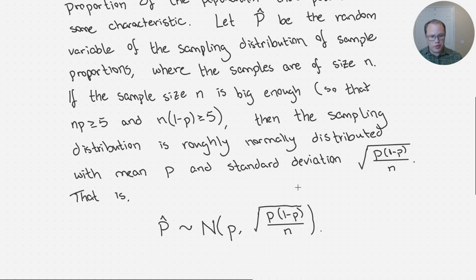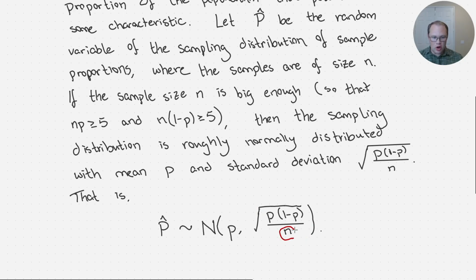In both cases, if we looked at the sample statistic that we are interested in and looked at all possible samples and the statistic that we get, it tends to be close to the population parameter we're estimating. And then we have a measure of how far we might deviate from that population parameter, our standard deviation.